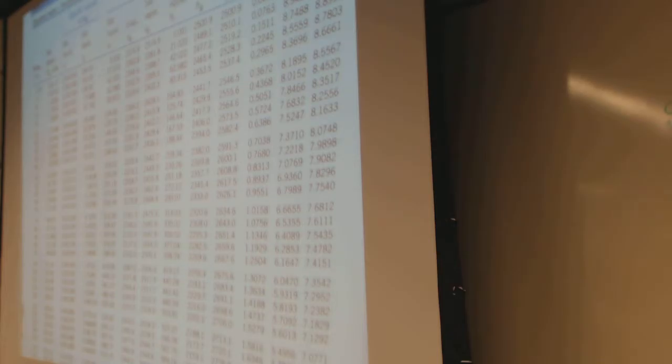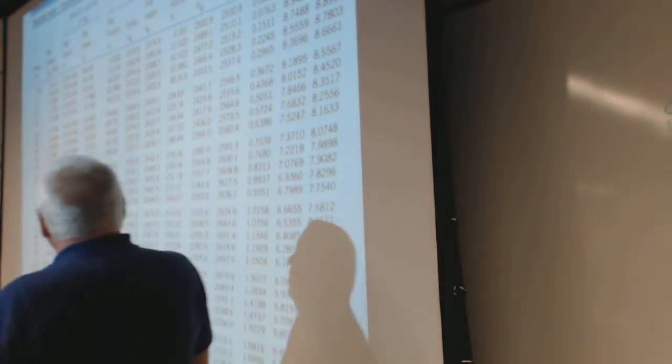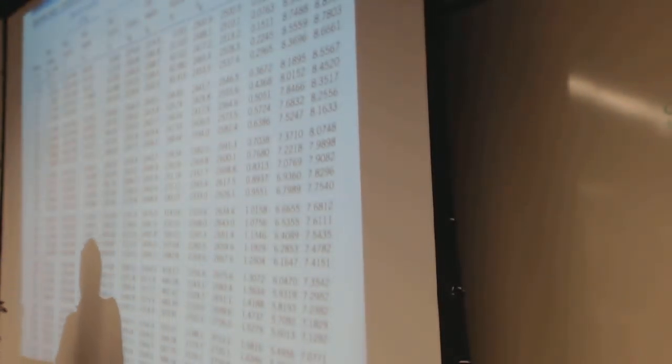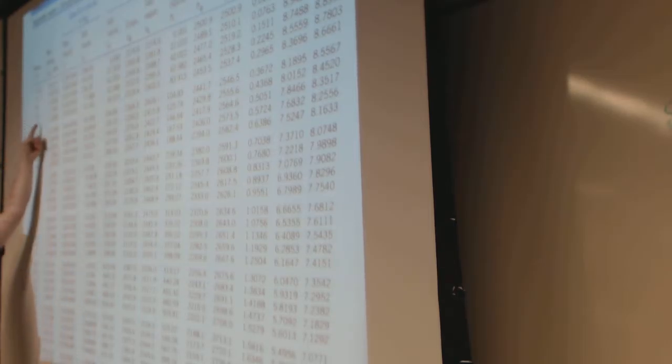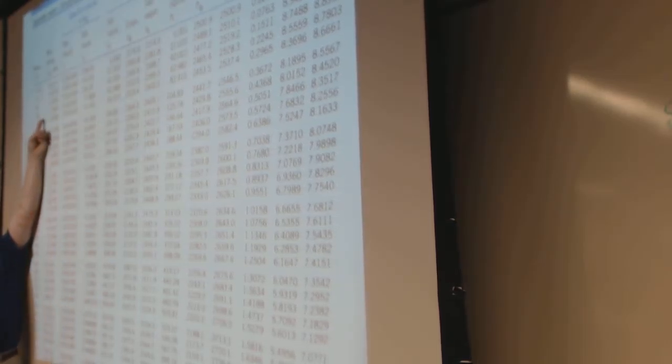Table A4 is the one for this. If you brought along your book, you can follow along. But you'll notice there's the temperature, 0.01 degrees C, can't be ice if it's above 0.